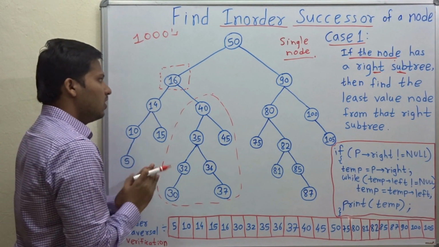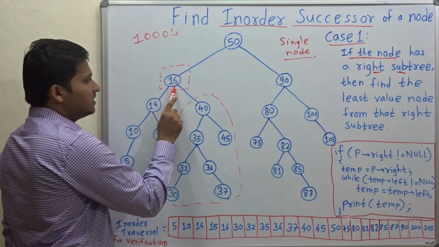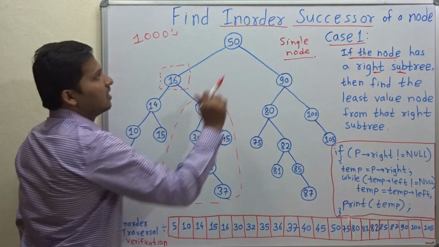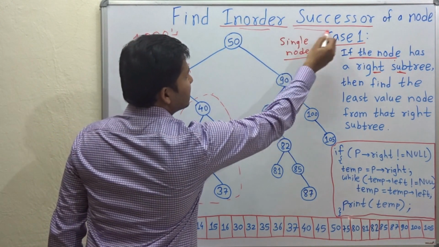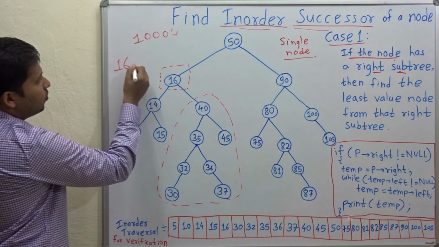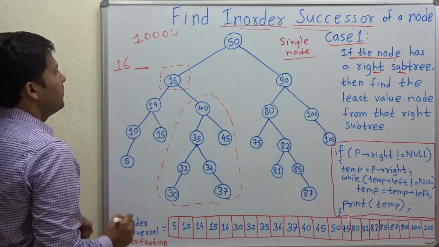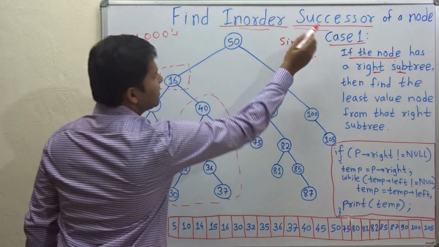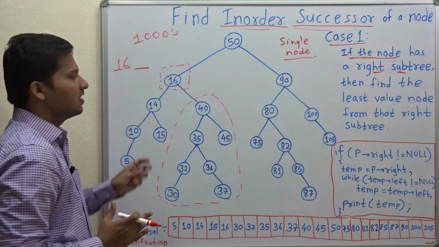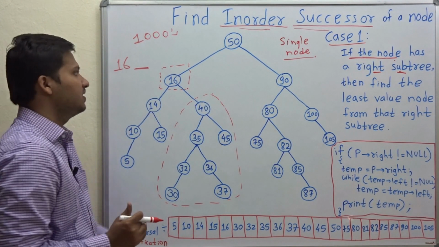Okay, so if we want to find out a value which is immediately next to 16, means as it is the in-order successor, means after 16 the node which comes next to 16 in the in-order traversal should be the in-order successor, right?